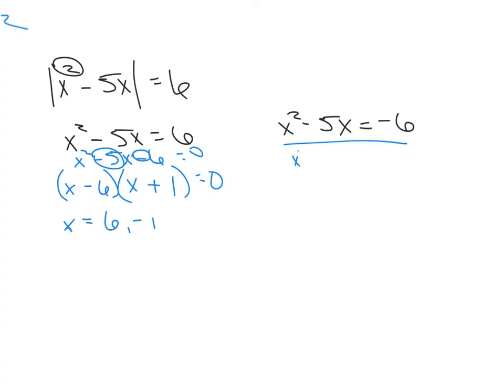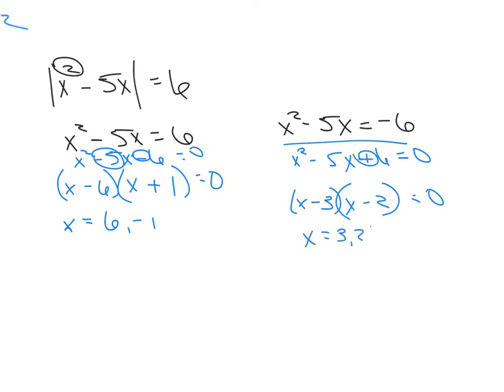Over here I do the same thing. X squared minus 5x plus 6 equals 0. And again, I break it down into two binomials, and I get an x and an x, and a 3 and a 2, and they're both negative here because I needed to get a positive there, which means my x equals 3 and 2. So see, I have four answers there.